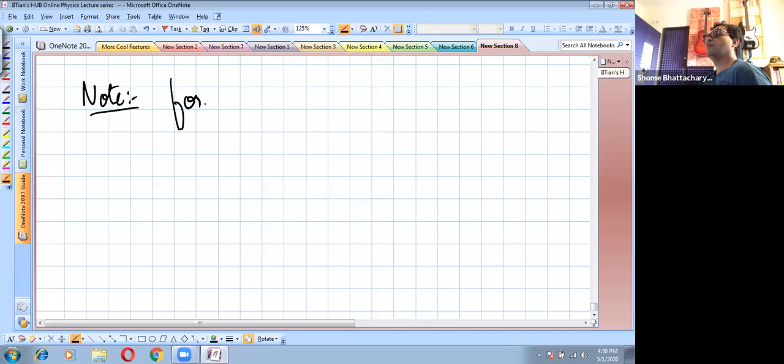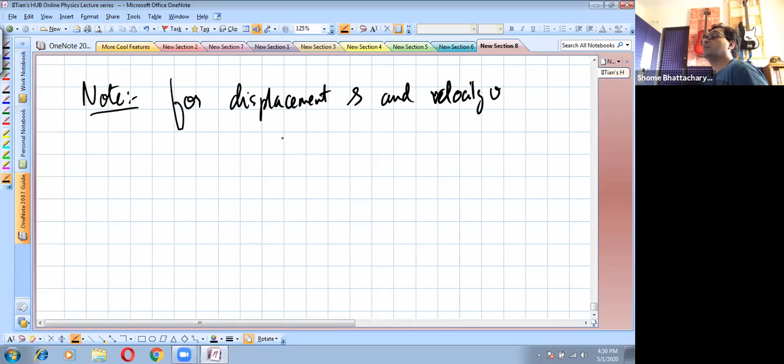for displacement S, and velocity, instantaneous velocity V, okay, we can use the formula. We can just use the formula blindly without doing anything else.